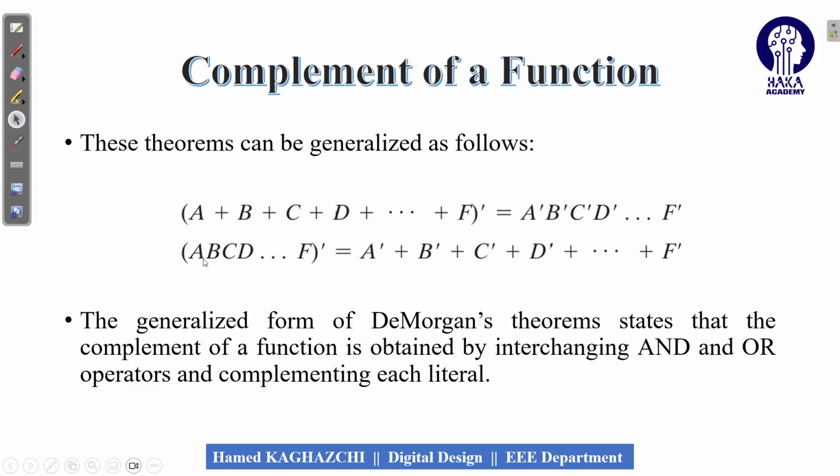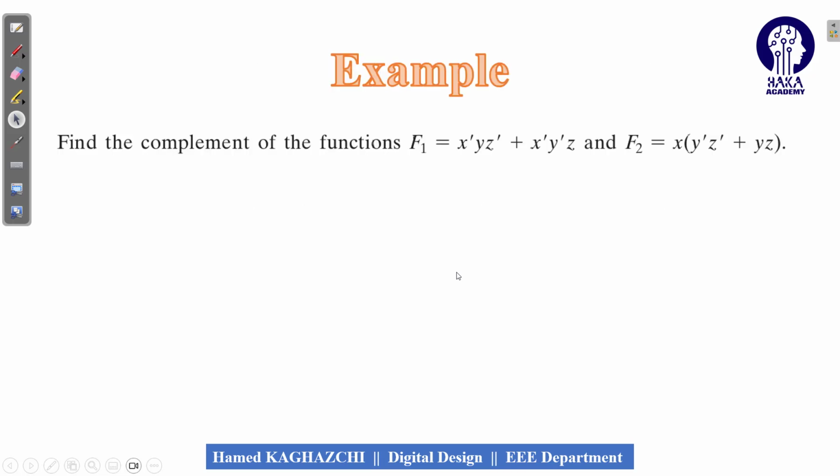And also reversely, if I have (A and B and C up to the end) prime, I have to apply this complement inside of the parentheses. So I have A prime, and converted to the OR, B prime, and converted to the OR, up to the end. So it means that using this concept, I can find the complement of a function. Using De Morgan's theorem, I can find the complement of functions.